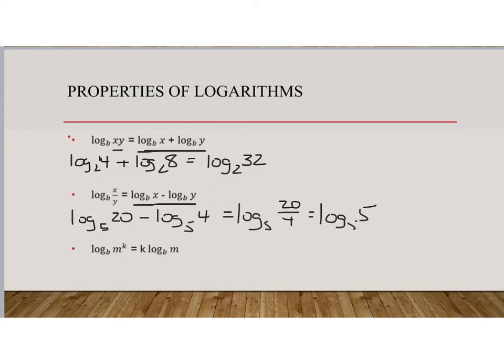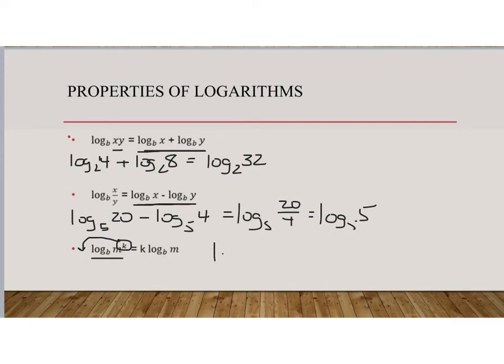The next one that we'll use quite often here is if you have a logarithm to a power. So here we have the log base b of m to the k power. This is kind of like an exponent of a power. What do we do? We multiply. So this power, this exponent, can be moved in front, and we can set it equal to k times log base b of m.